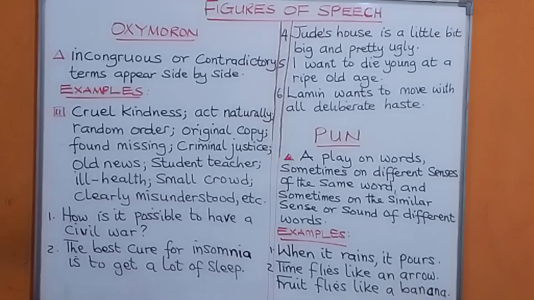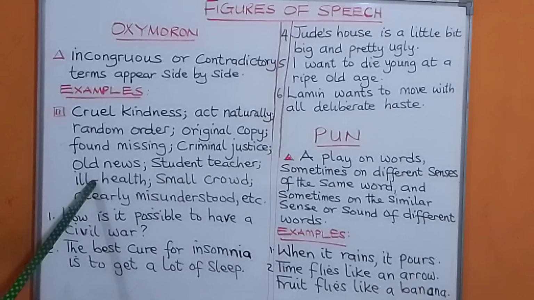That is oxymoron. Criminal justice: you are saying it's criminal and at the same time you are saying it's justice. Two opposing, incongruous, contradictory terms that you are placing side by side. Criminal justice, old news, student teacher, ill health.